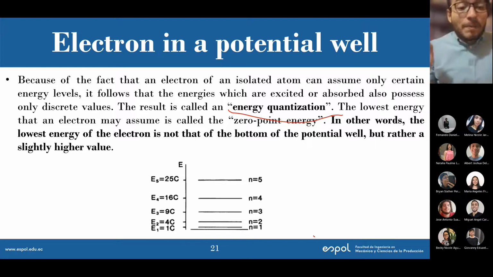And the lowest value of energy that an electron can assume or can get is that E1 energy, that 0-point energy. And this is something I mentioned before. So the lowest value of energy that an electron can assume is not really at the bottom of the potential well.